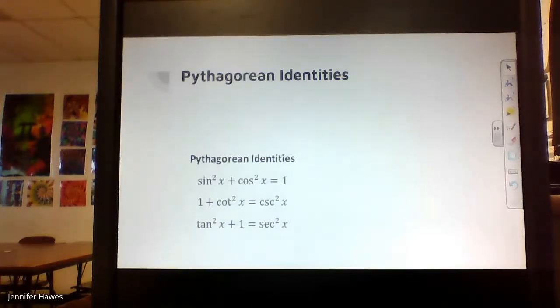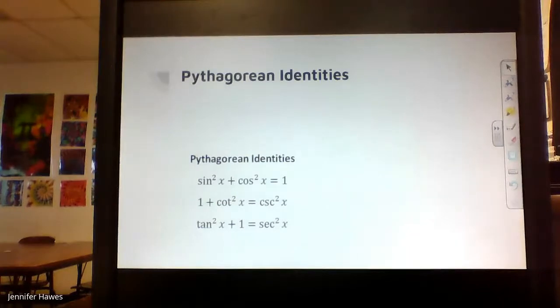So if one of your points was, let's say, 1/2 and square root of 3 over 2, and you do 1/2 squared plus square root of 3 over 2 squared, you'll get 1. So 1/2 squared is 1/4. Square root of 3 over 2 squared is 3/4. Hey, 1/4 plus 3/4 is 4/4, which is 1.